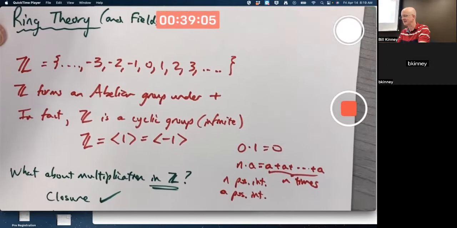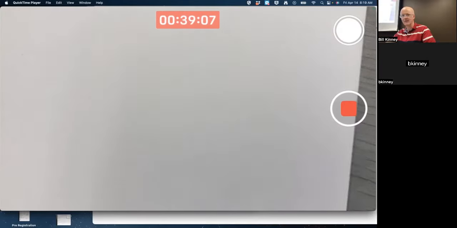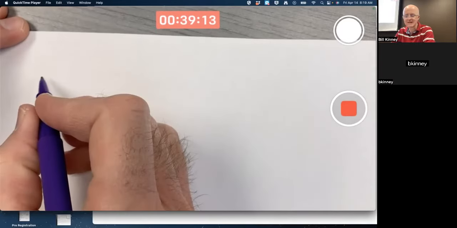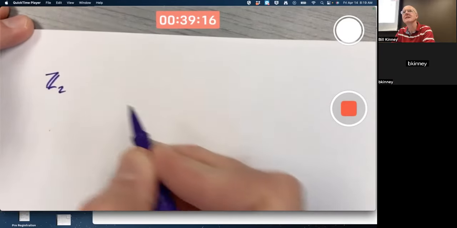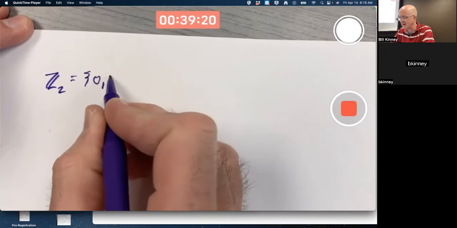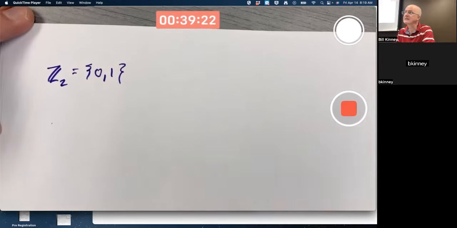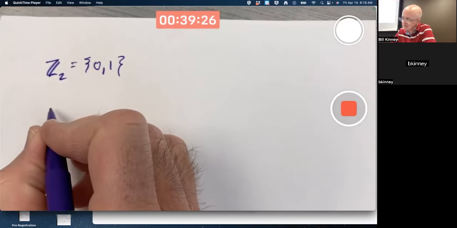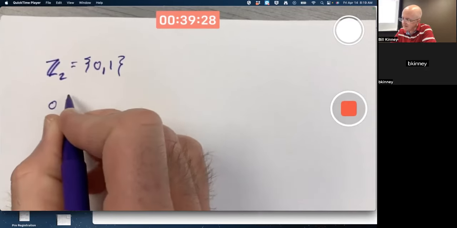Okay, one example is not enough for a theory. What are other examples? Well, let's keep it simple. How about Z2? As a set, it's just 0 and 1. We know it's an abelian group under addition, mod 2. What's its Cayley table?